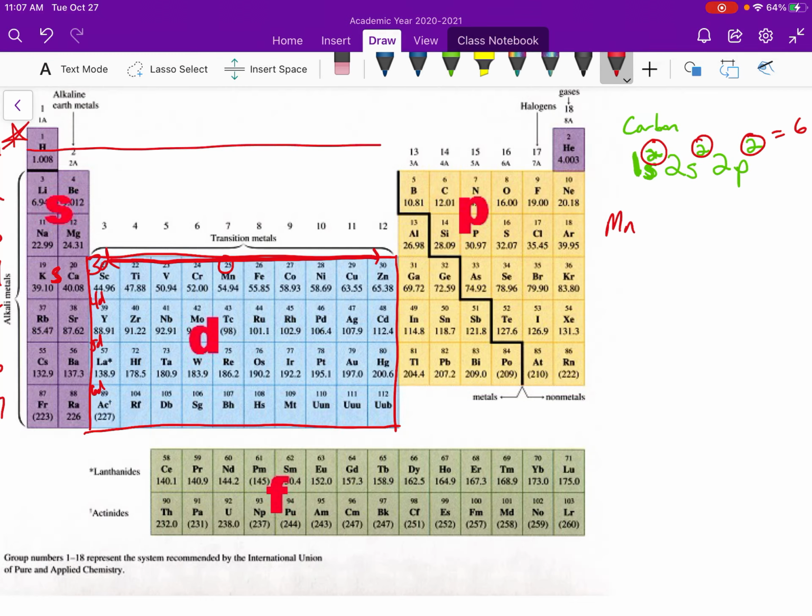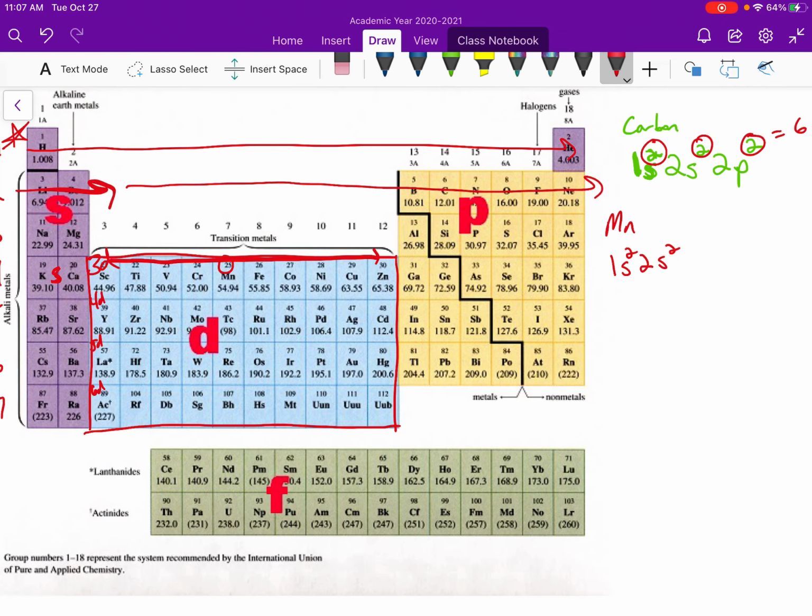So, reading across, oops, let me write it down here so we have room. 1s2, 2s2, 2p, all the way across, 6 boxes.